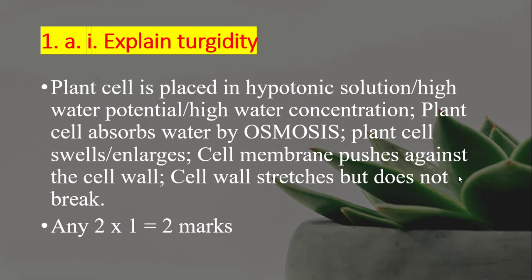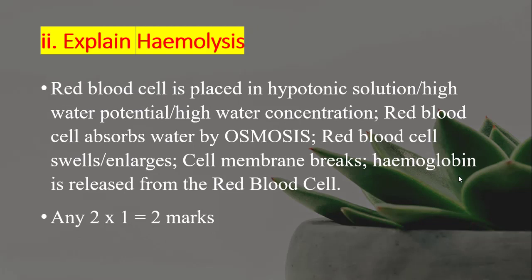Let's go to the next question, which is 1A(ii), hemolysis. Hemolysis is about animal cells, right? Specifically, you need to say red blood cell. It's not good enough to say animal cell, so you need to specify. Why? Because hemolysis means hemoglobin is involved, and hemoglobin is only found in red blood cells.